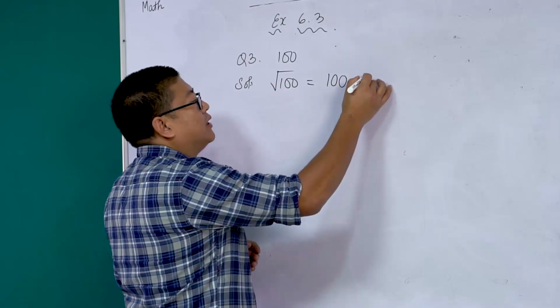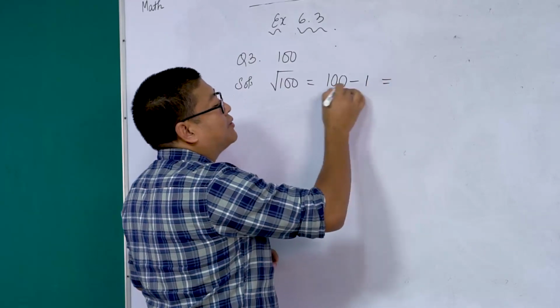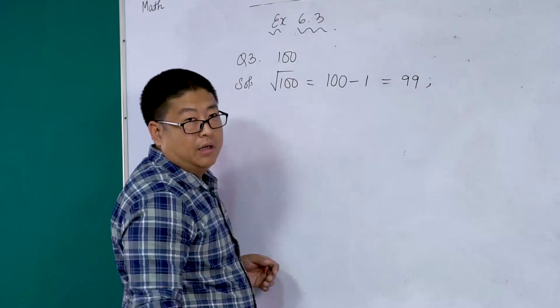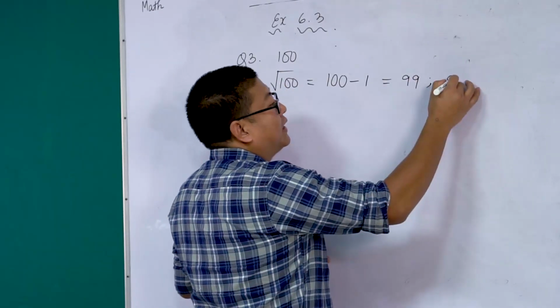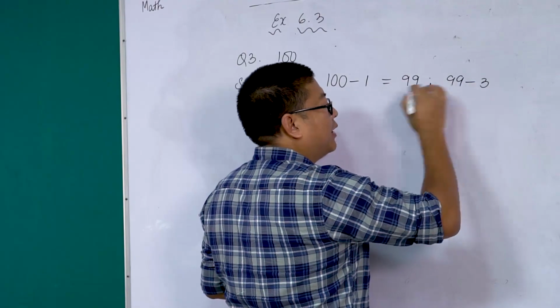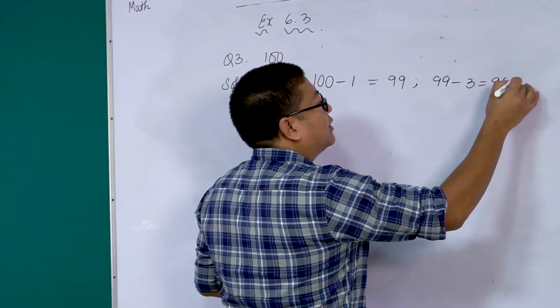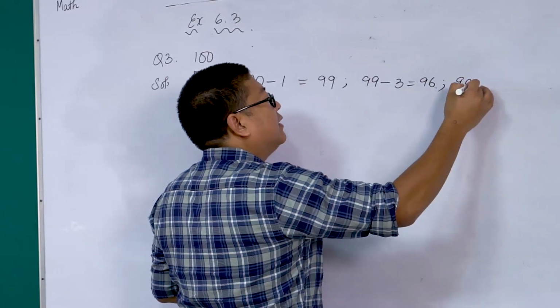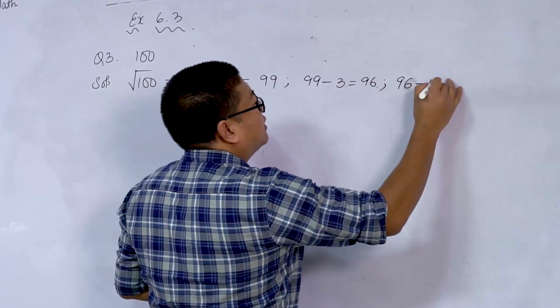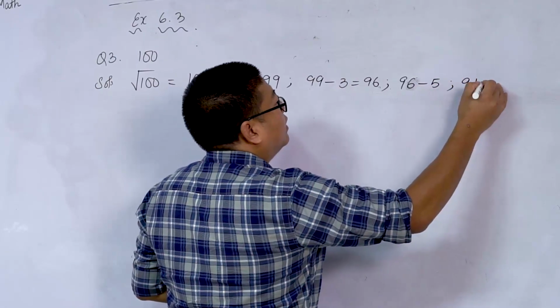The first odd number is 1. So when you subtract 100 minus 1, you get 99. After that, you take 99 and subtract the next odd number after 1, that is 3, you get 96. Similarly, you continue like this. 96 minus 5, 91.